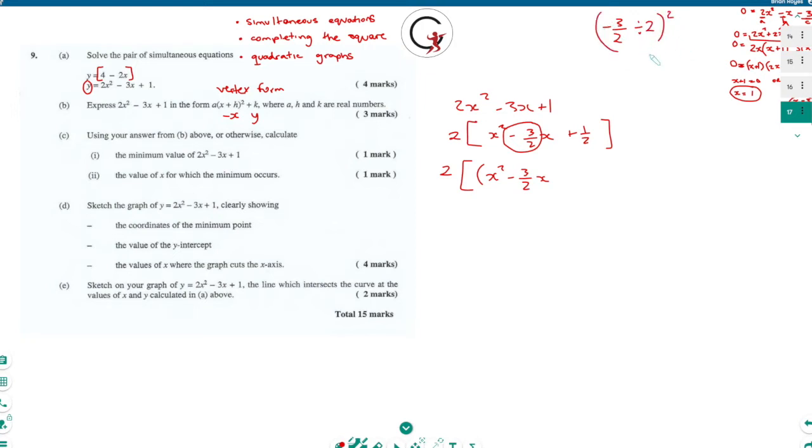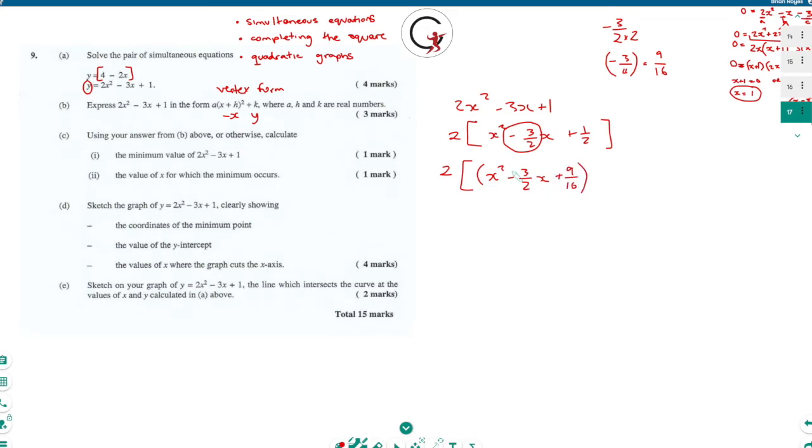That's going to give you the term that you add on to make it a perfect square. So 3 over 2 divided by 2 is the same thing as multiplied by a half, and that's going to give me minus 3 over 4. By the time I square all of that, I'm left with 9 over 16, positive, of course. So I'm now adding inside of this plus 9 over 16.